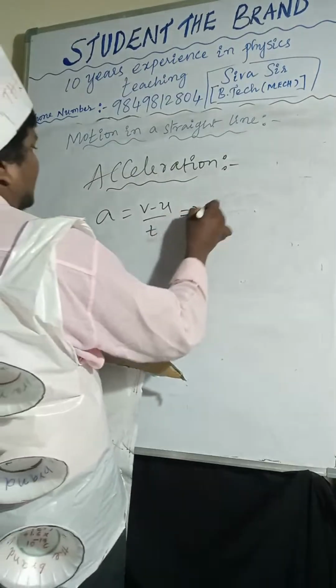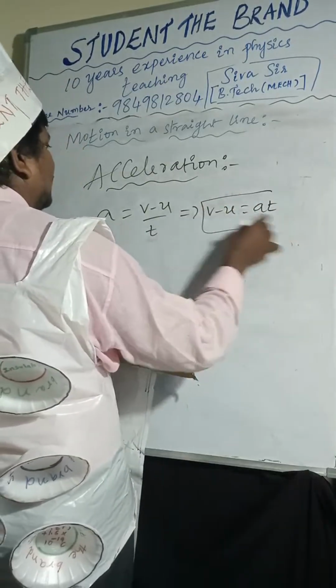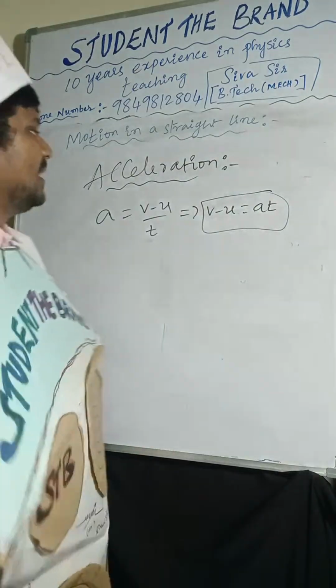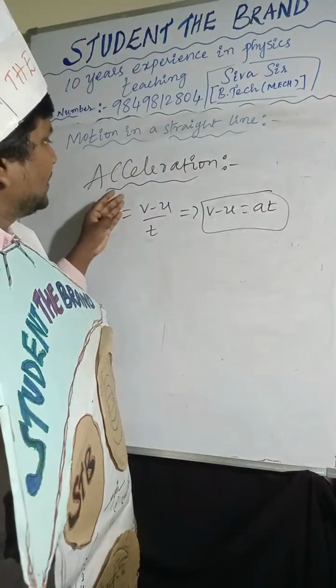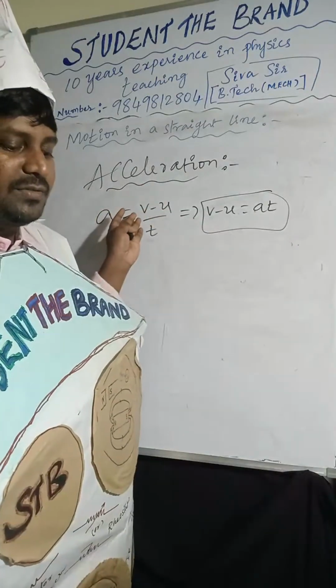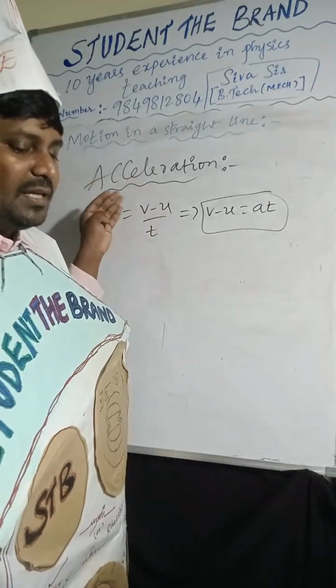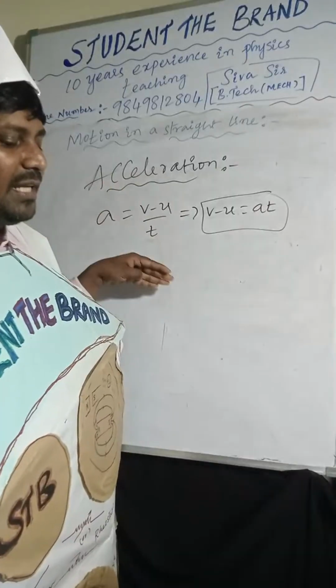So v minus u equal to a into t, that we can take also. The rate of change in velocity, that's enough, or change in velocity by time taken, that also we can say.